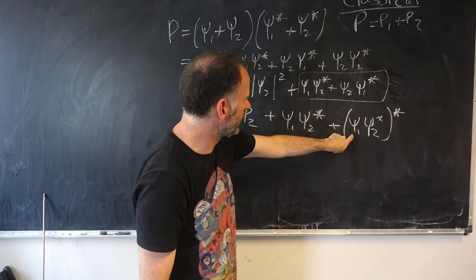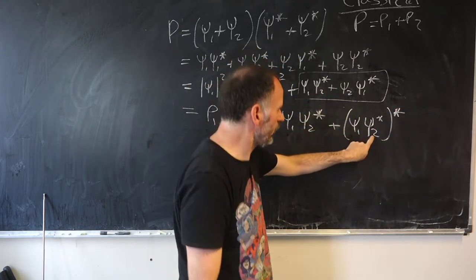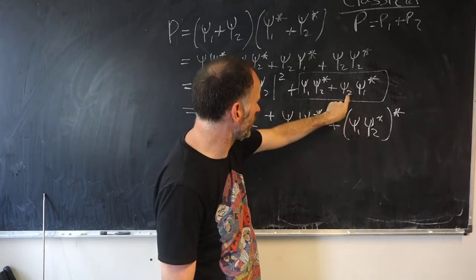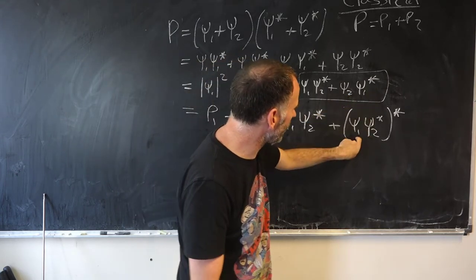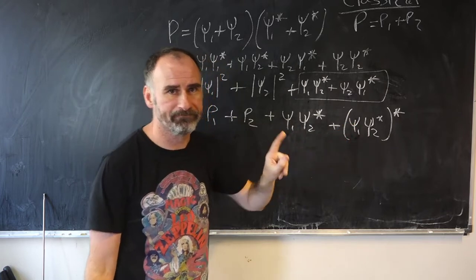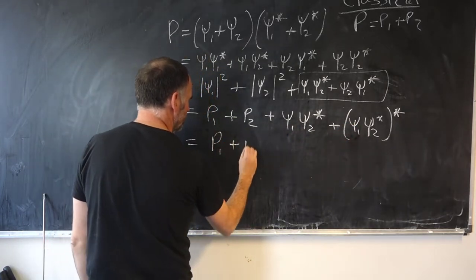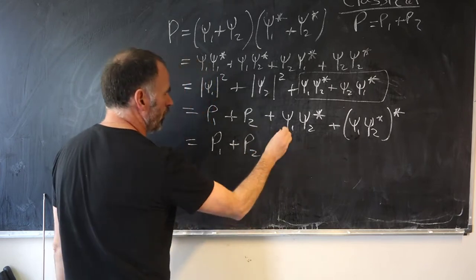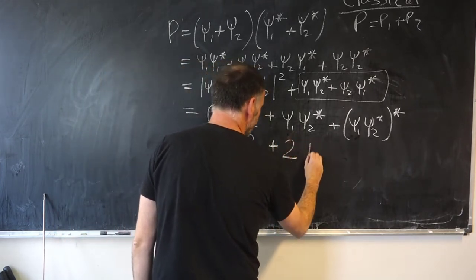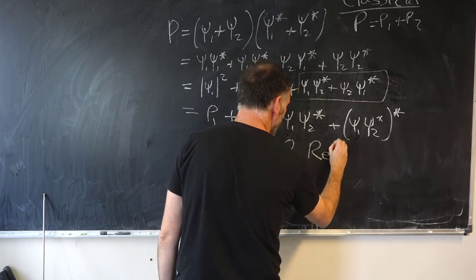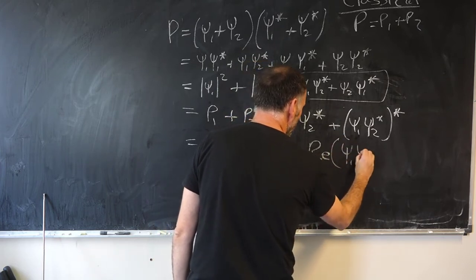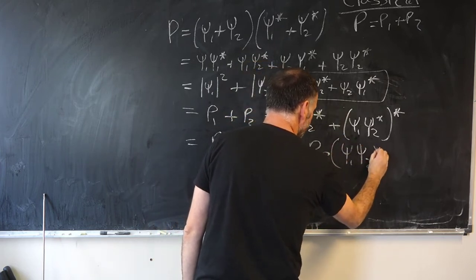That is the same as that, because if we take the complex conjugate of the complex conjugate of psi2, we get back to where we started, and if we take the complex conjugate of psi1, we get the complex conjugate of psi1. What that is, is twice the real part of psi1 psi2 star.